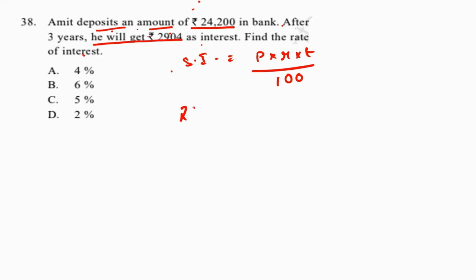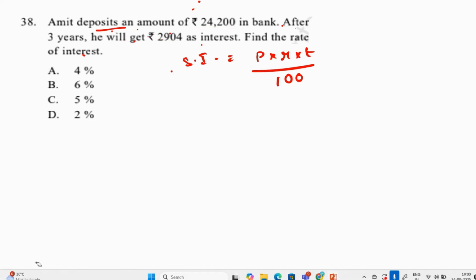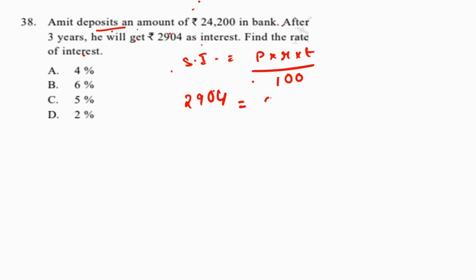We know the interest over here, which is 2,904. Principal is 24,200 multiplied by rate, which we have to find. Time is given to be 3 years, divided by 100.